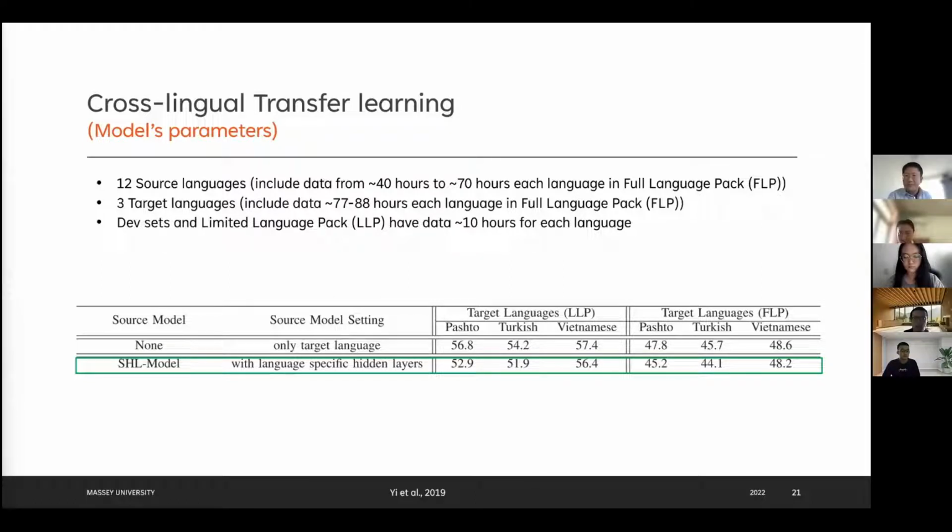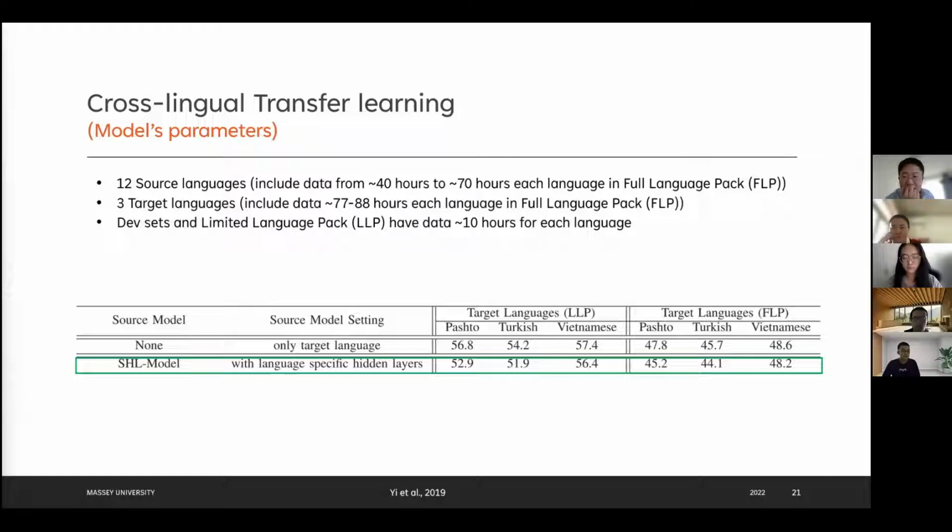If you compare with retraining by transferring the knowledge from 12 source languages, improvements are there. There is an absolute gain of around 3% in Pashto and Turkish, and around 2% in Vietnamese in the limited language pack. And a similar result has been achieved in the full language pack.